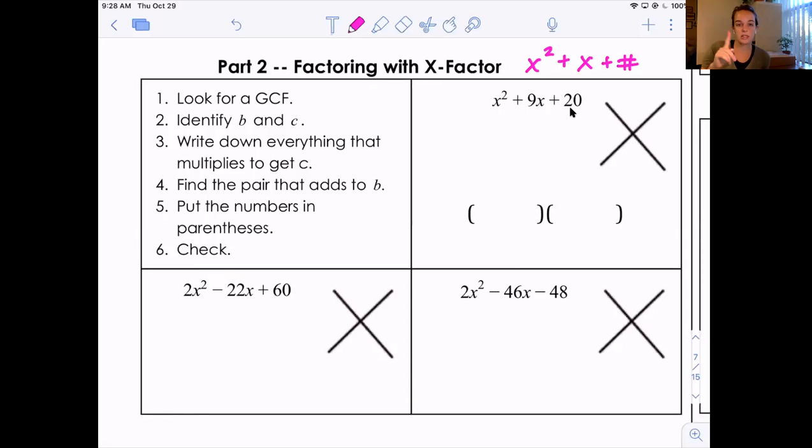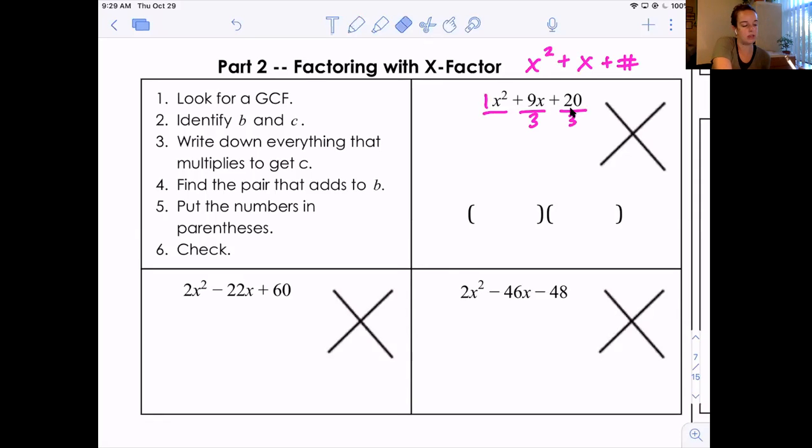So the first thing that we're going to do is look for a GCF. We're going to use part 1 in part 2, right? Is there any number that we can take out of 1, 9, and 20? Do they have any numbers in common? Not 3. If we take out 3, we could do it here, but we'd get a decimal if we did 20 divided by 3.